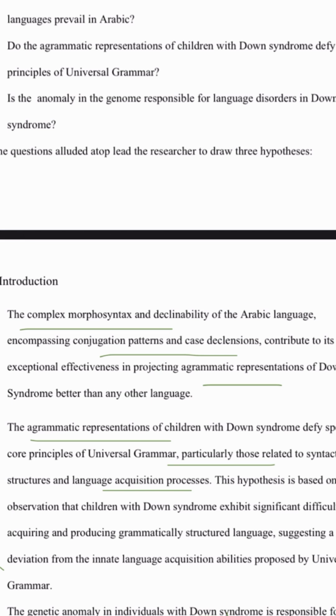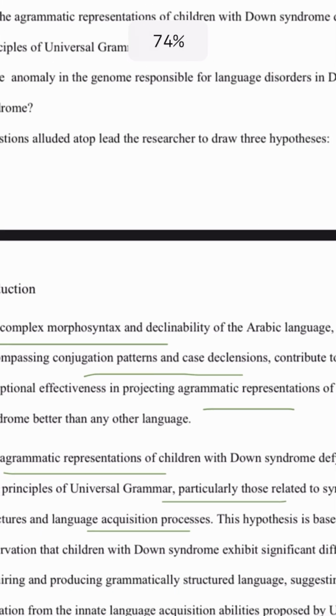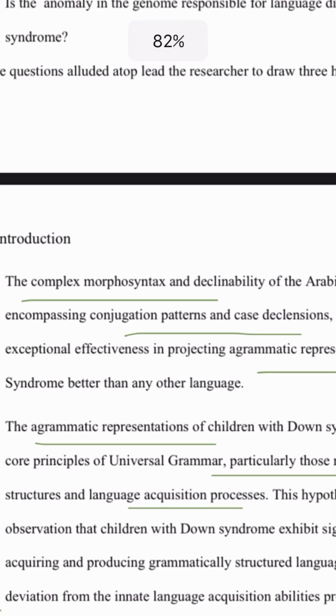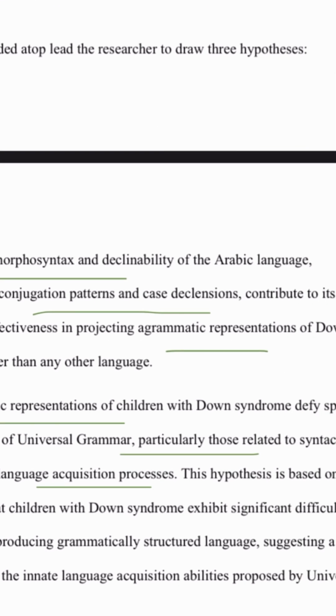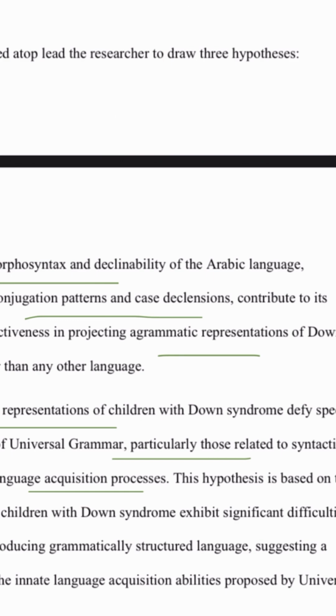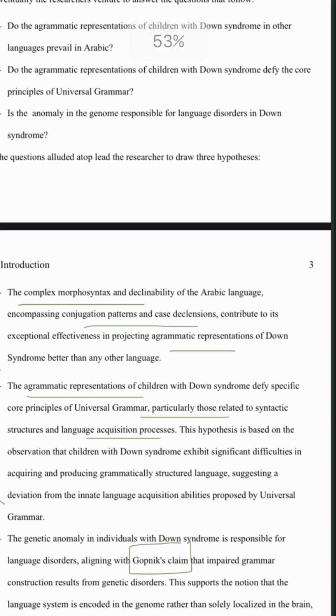We stated that it has a complex morphosyntax and declinability, okay? We stated that it encompasses conjugation patterns and case declensions, etc. Okay, so here, this is a rich assumption.